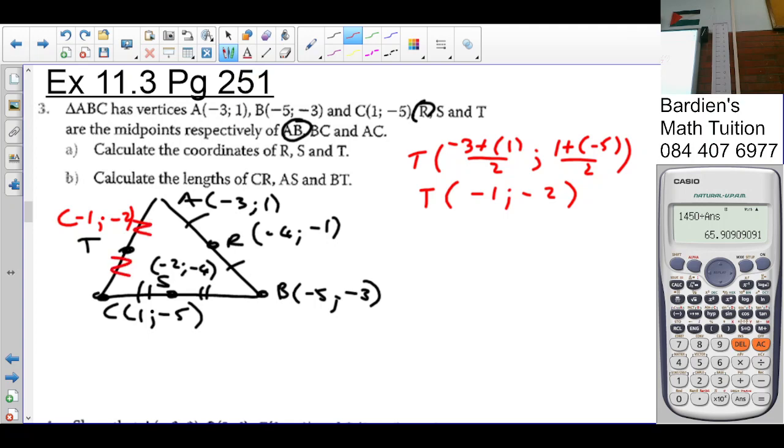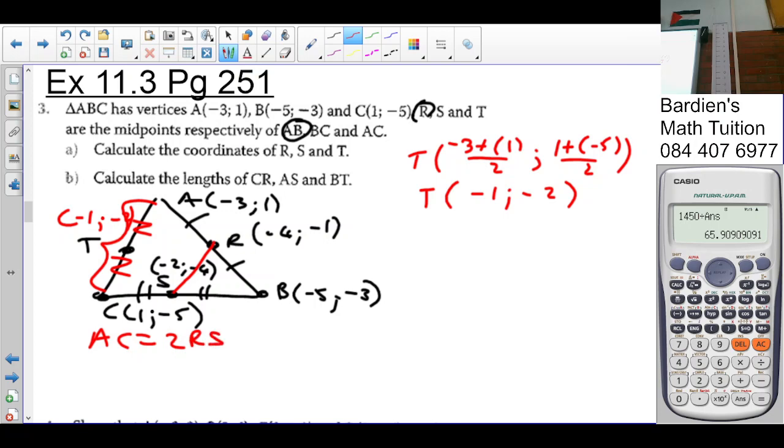No? What would happen if I draw that line there? What could be concluded about this? If I had connected R and S. Sorry? The midpoint here. Can you see the midpoint here? Then what could we have said? That AC is equal to twice RS.